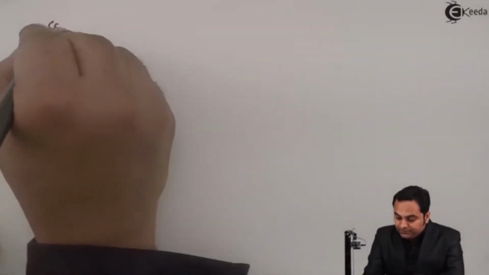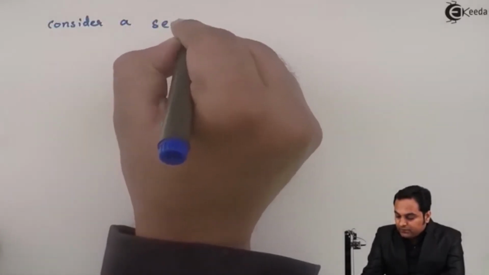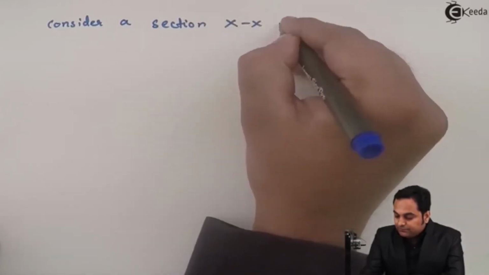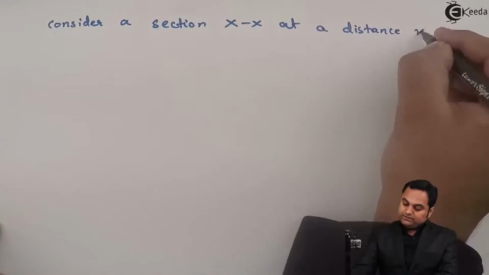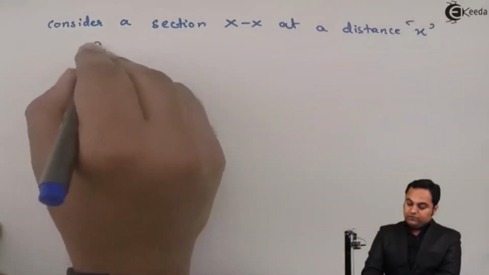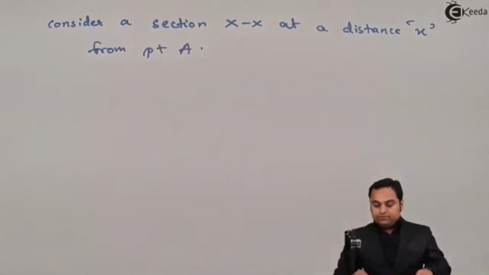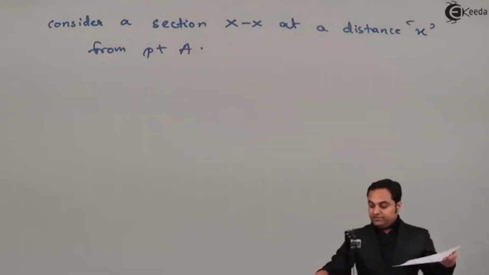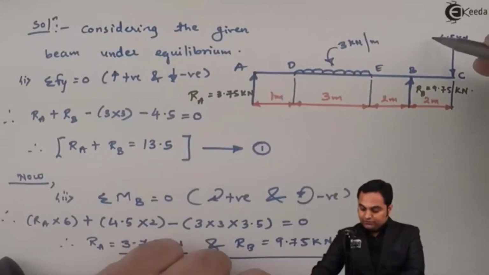Now after finding the support reactions, next I'll say consider a section XX at a distance x from point A. So here I am considering a section from point A at a distance of small x.